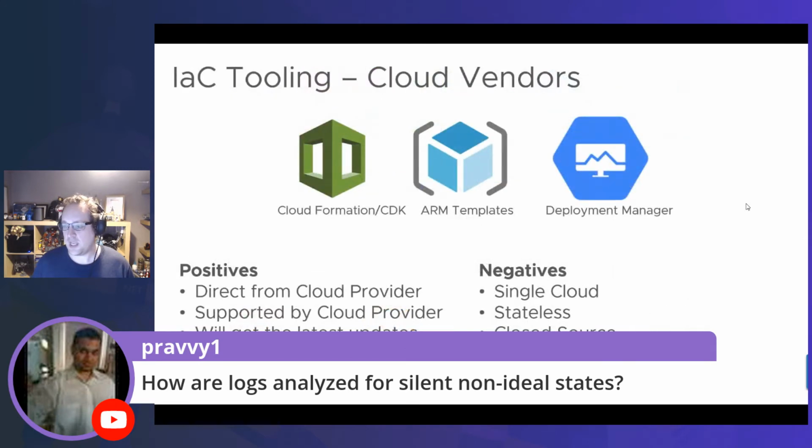And then Pravi asks, how are logs analyzed for silent, non-ideal states? I'm not entirely sure what you're asking on this question. If you're talking about using a state file, the state usually reflects what you've done. Now, you can get state files into a bit of a bad place if you try hard enough.